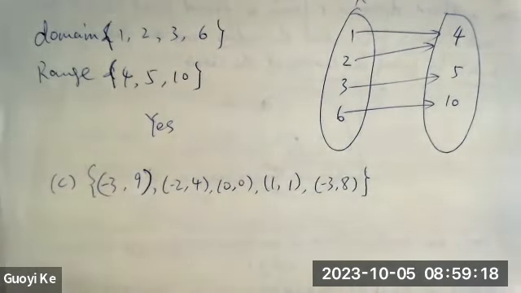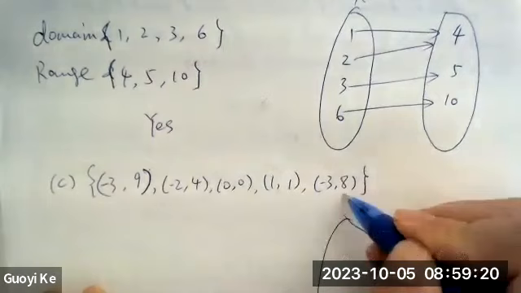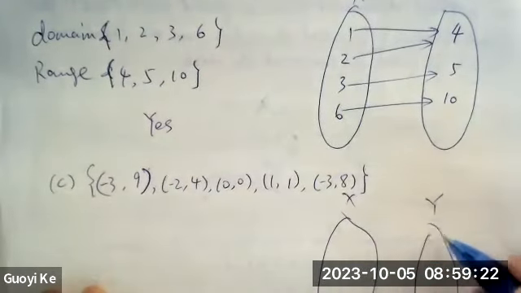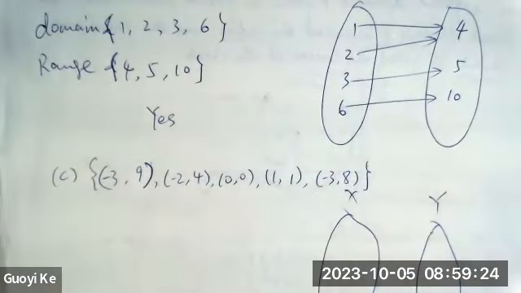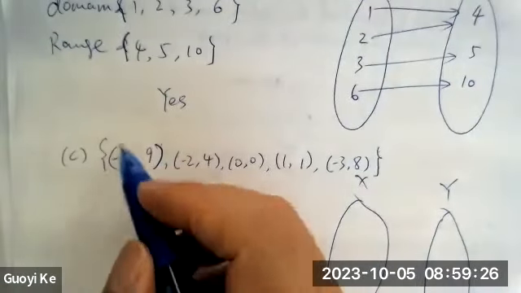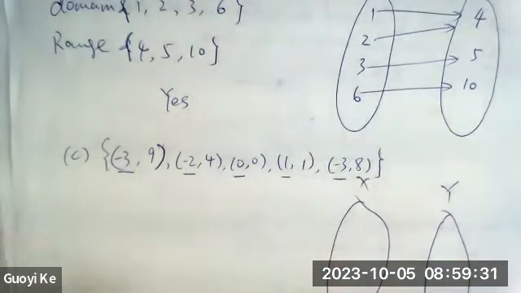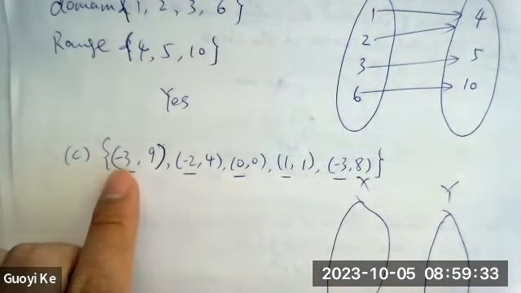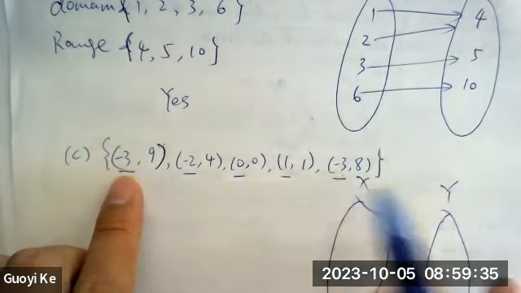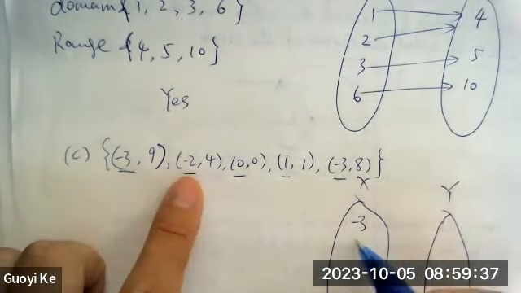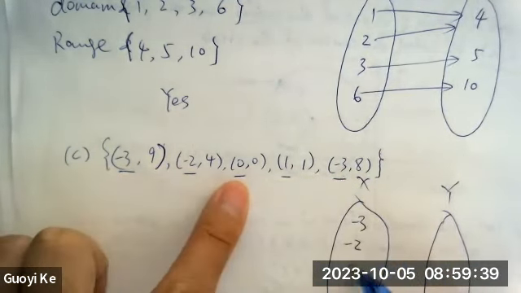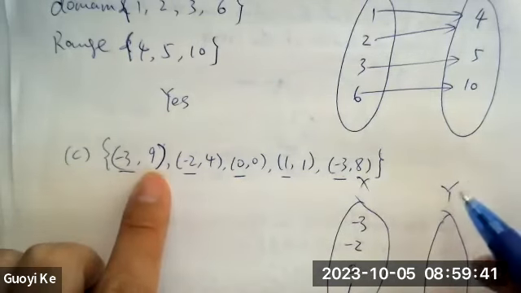Okay, let me write down the answer on the board. X set, Y set. The X set should be the elements from the X coordinates. So here we have 2, -3, right? We pick one. Here's a -2, 0, 1.